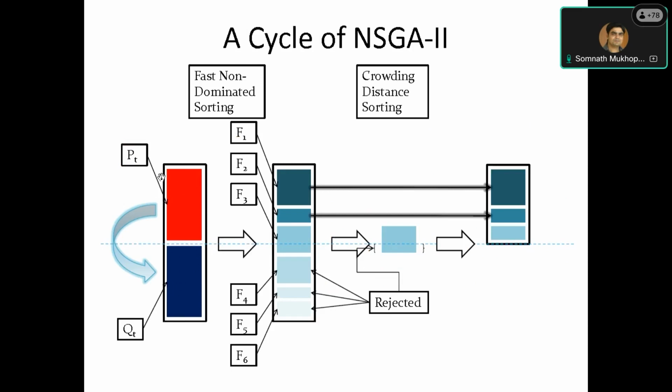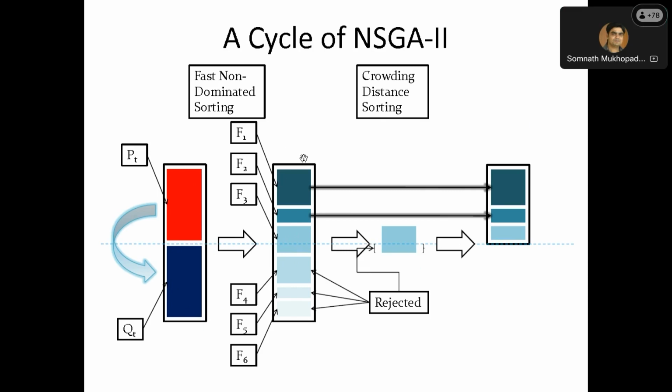If PT has size 20, QT is also generated with size 20, so 40 chromosomes are generated. Out of these 40, we find the best 20 solutions. Some solutions will be rejected and not considered further.